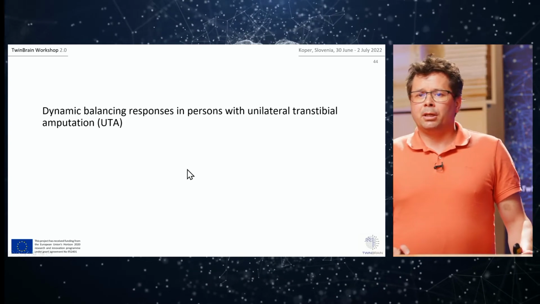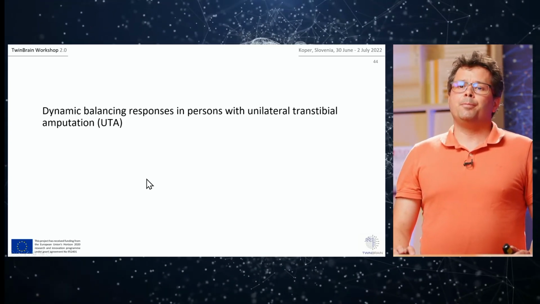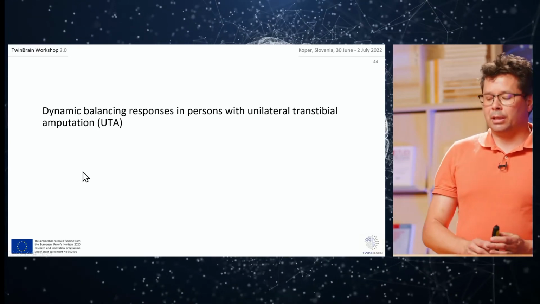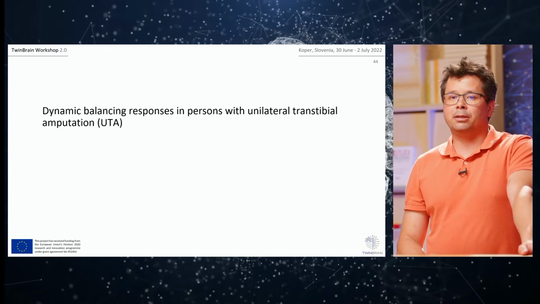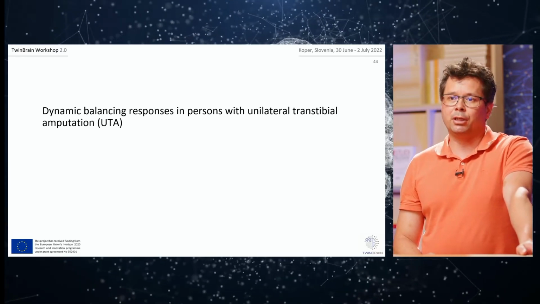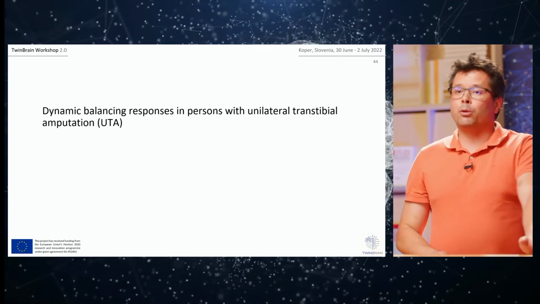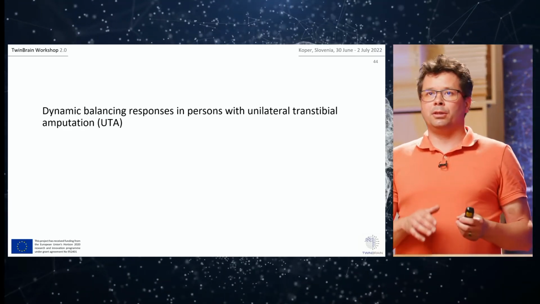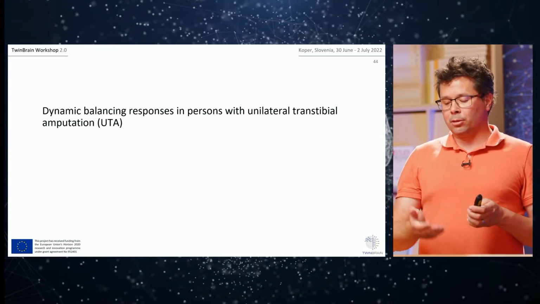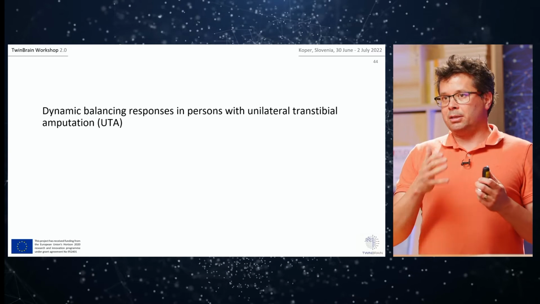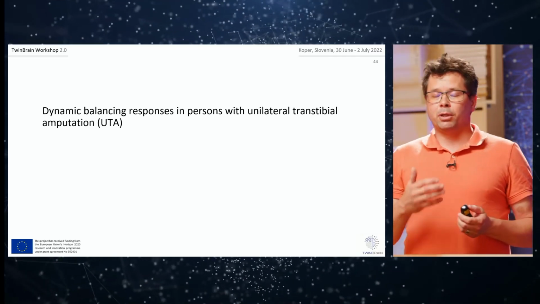So this particular case here is more a research case where we were trying to assess dynamic balancing responses in persons with unilateral transtibial amputations. A lot of our work is focused on balance and gait, not only for healthy people, CP children and stroke patients, but also for research purposes.